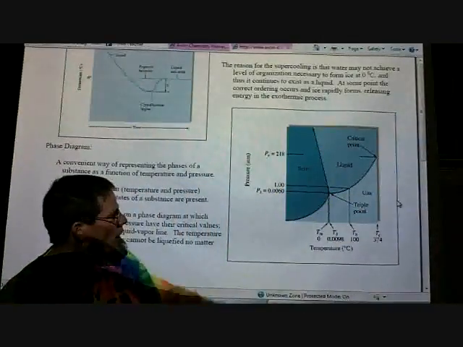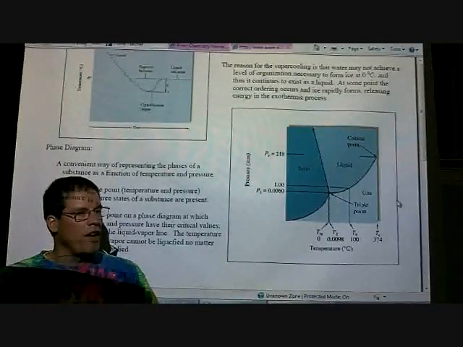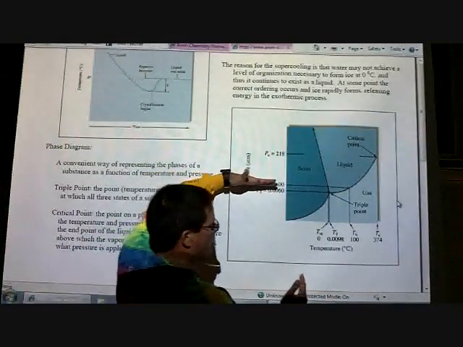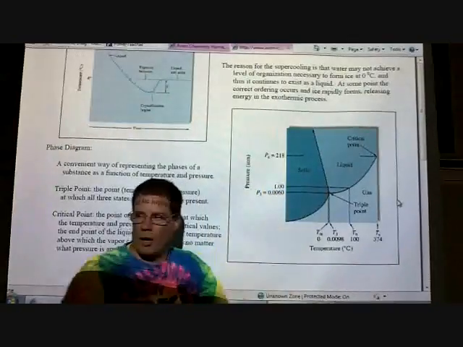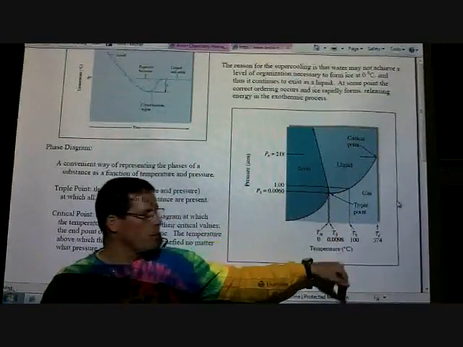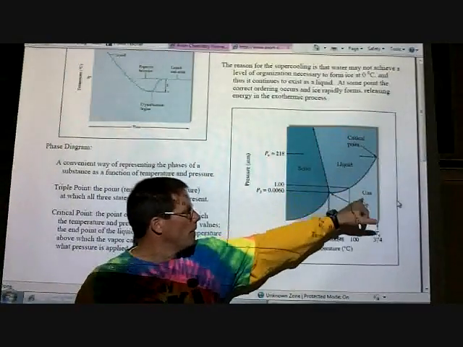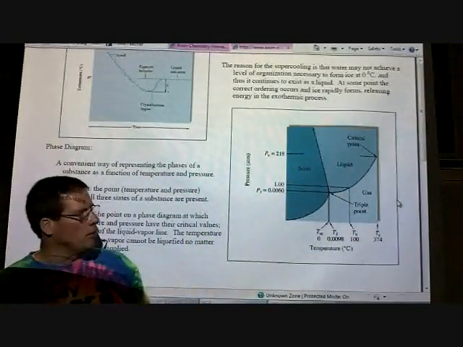What is triple point? It's all three. All three phases can exist at a particular pressure and temperature. And that's huge because pressure does allow us to change solids into gases and other things like that.